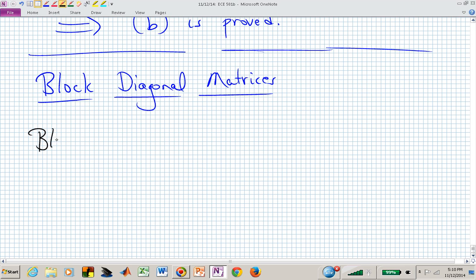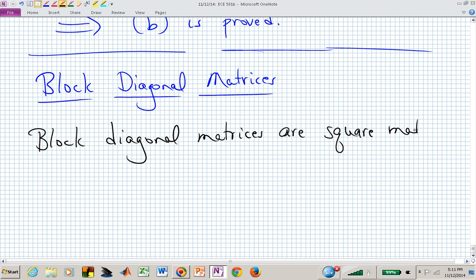Block diagonal matrices are square blockwise matrices of the following form.